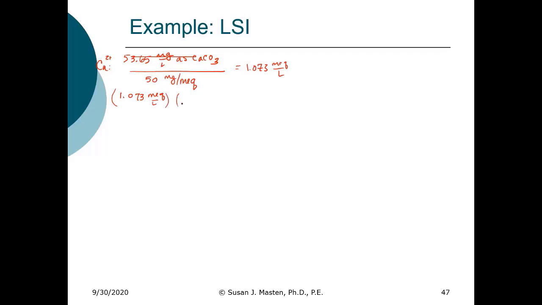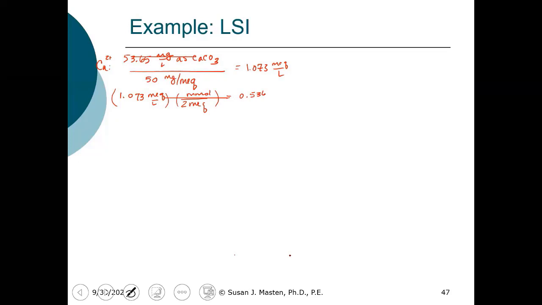We have 2 milliequivalents per millimole for calcium, and that gives us 0.5365 millimoles per liter.